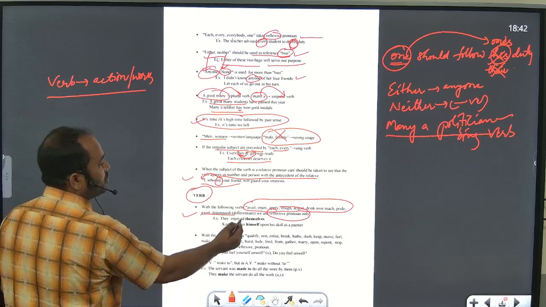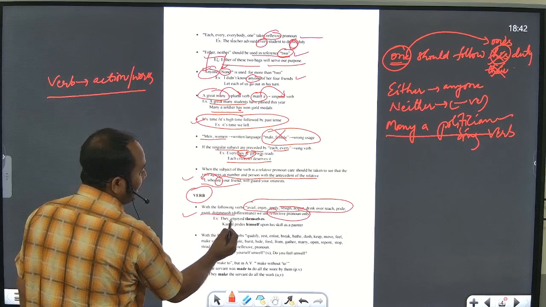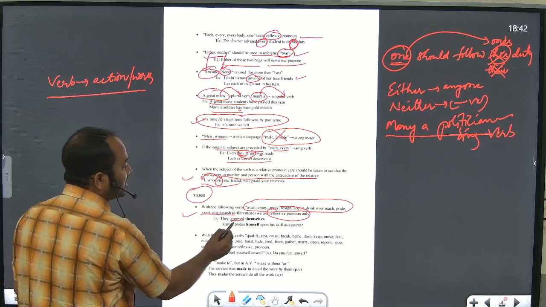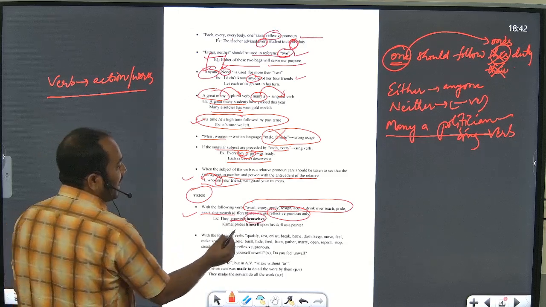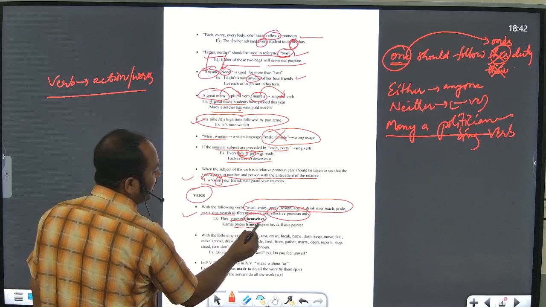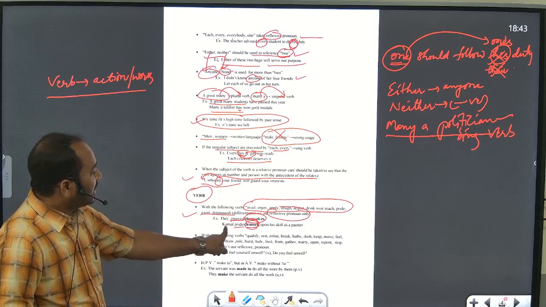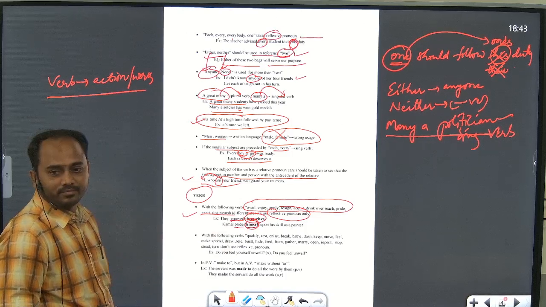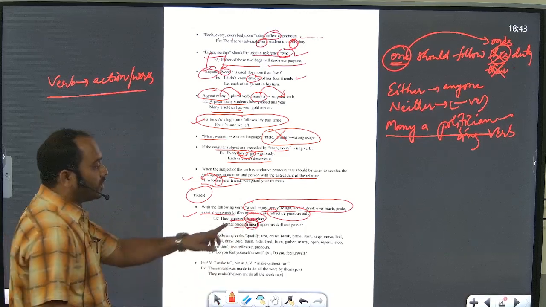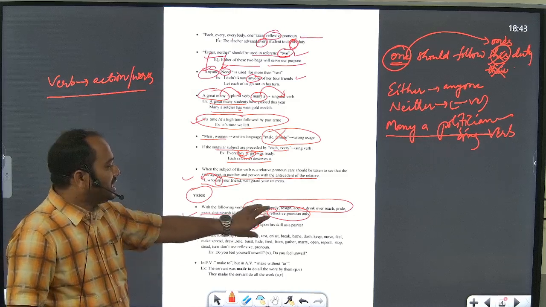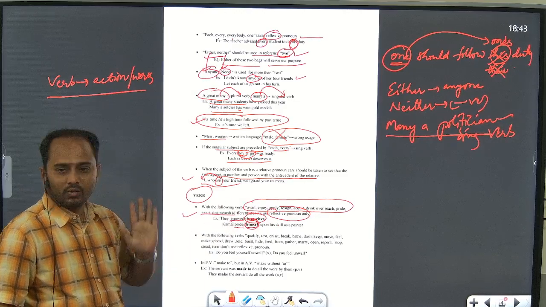Like, they enjoyed themselves. As the word enjoyed is given, themselves is mentioned, a reflexive pronoun. And after prides also it is compulsory to use a reflexive pronoun, so: Kamal prides himself. Okay, so whenever you get such words, be careful. These words always take compulsory reflexive pronouns.